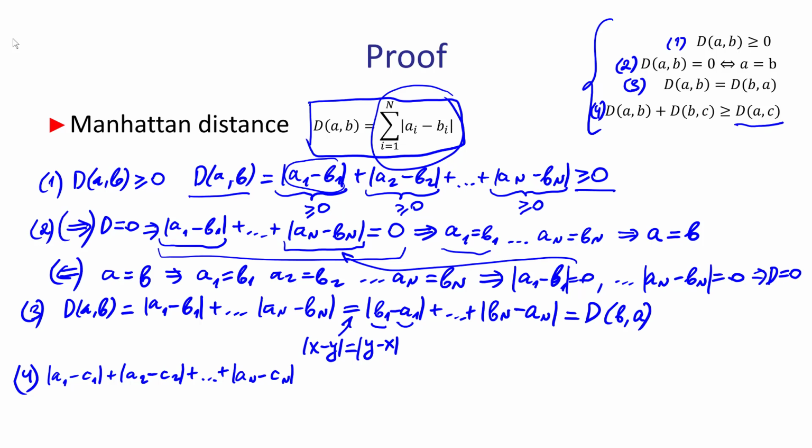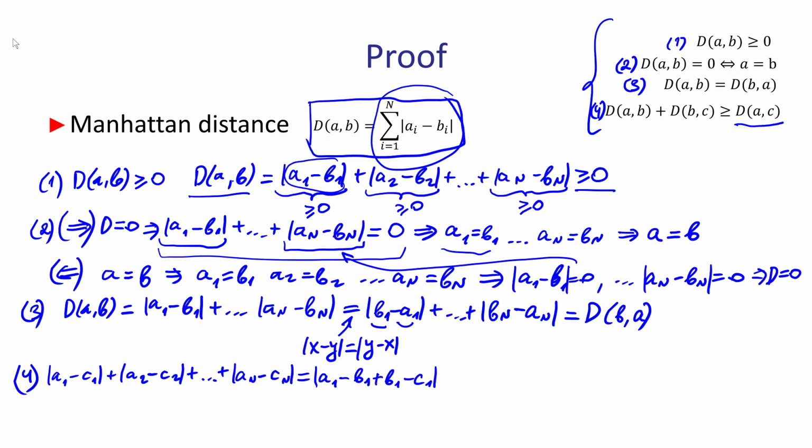And now we will do some small trick here. We will write that in a little bit different manner. In each element we'll write A1 minus B1 and plus B1 minus C1. Now, since B1 minus B1 is 0, it's not changing anything here, but it's a small trick.